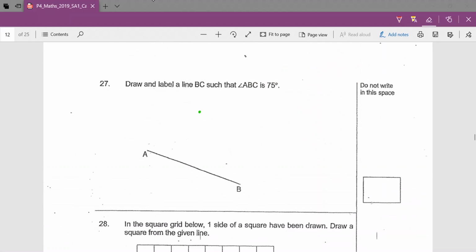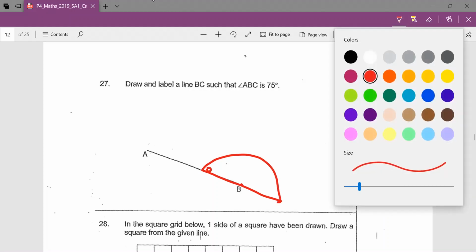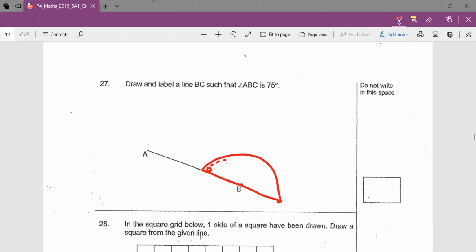Draw and label a line BC such that angle ABC is 75 degrees. For this kind of question, I would have to imagine I have a protractor with me. I would be putting the protractor here. This is the center of the protractor. This is 0, and I'm going to read. If it says 75 degrees here, I'm going to put a dot outside my protractor.